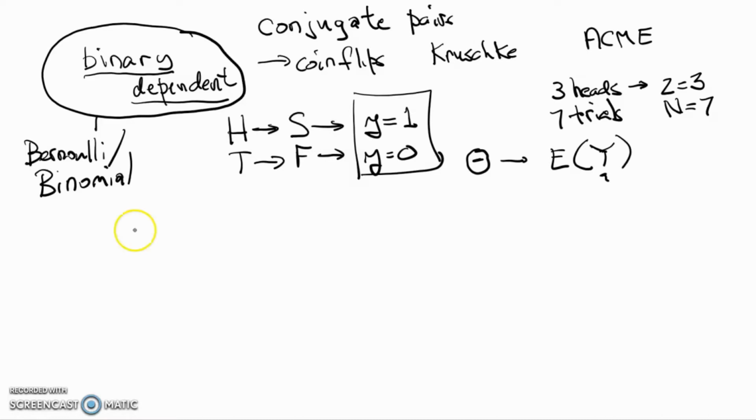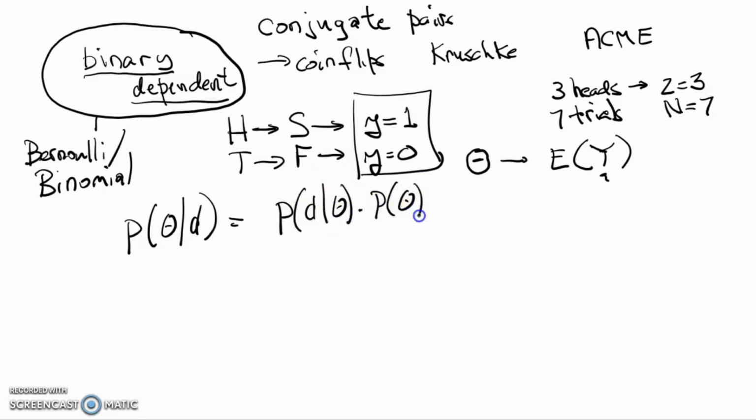So if we think about Bayes' theorem, the posterior distribution of theta given data is equal to the likelihood function, the probability of data given theta, multiplied by the prior, divided by the marginal distribution of the data. And here is where the magic comes in.